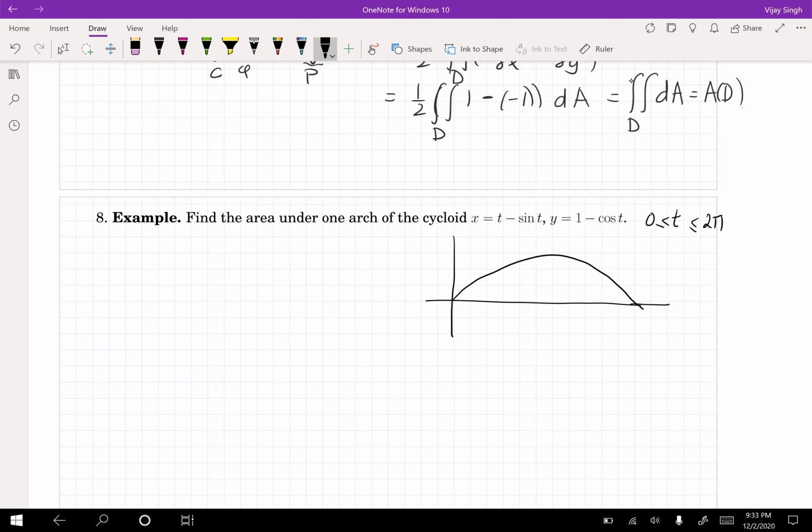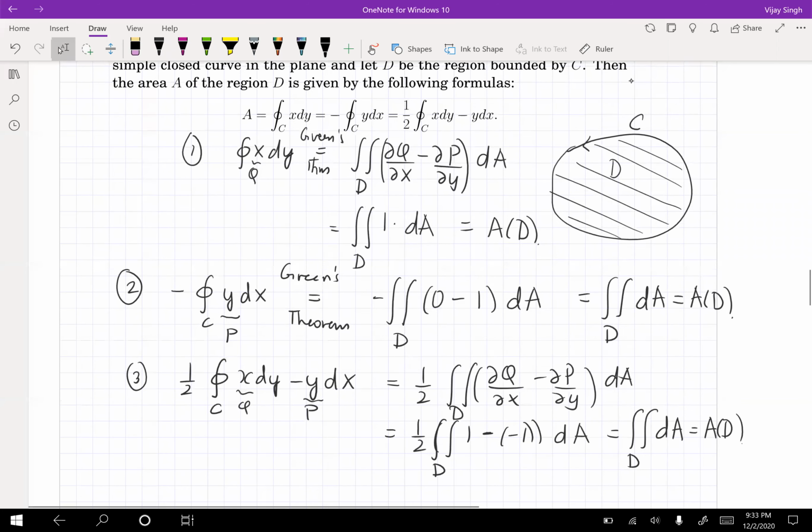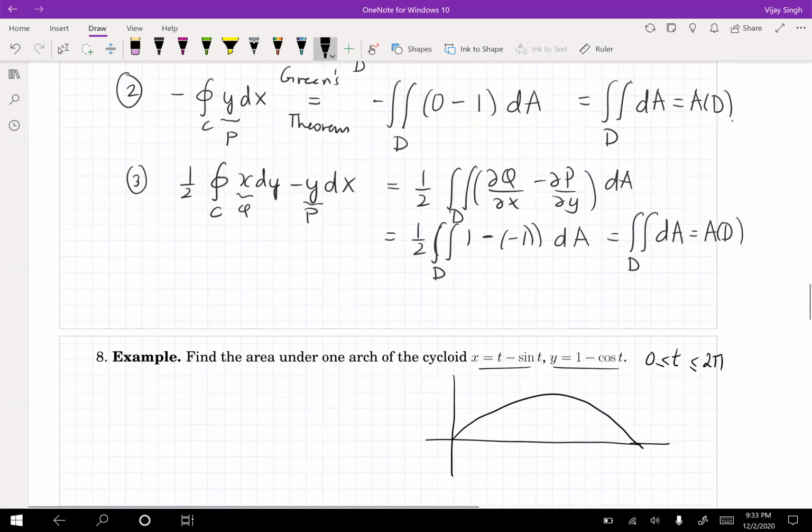So we want to compute the area under this one arch of the cycloid. We can use either of these formulas, x dy minus y dx, or the integral of y dx, and so on. So I'm going to use the following.